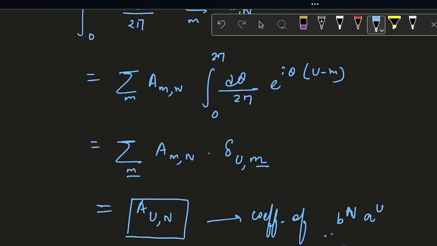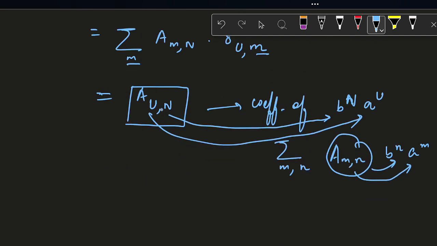Here, because they are capital U and capital N, the power of a will be capital U and the power of b will be capital N. Otherwise the whole thing is the same, just the variable has been changed. They are dummy variables anyway.